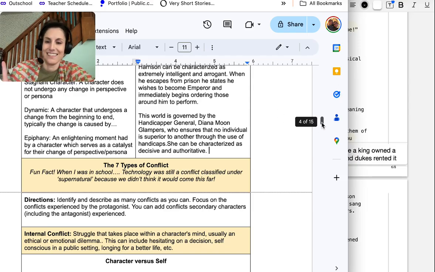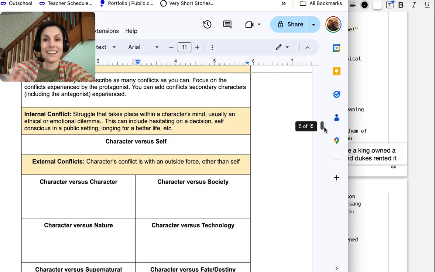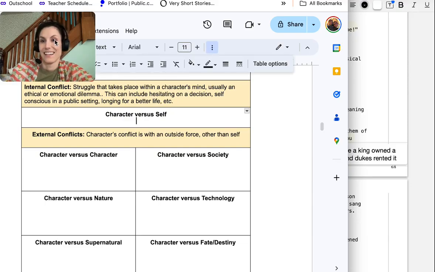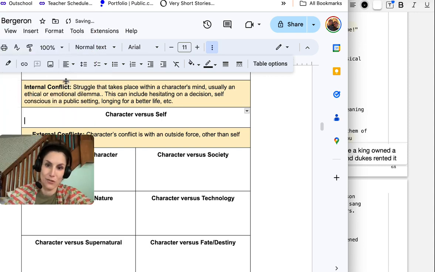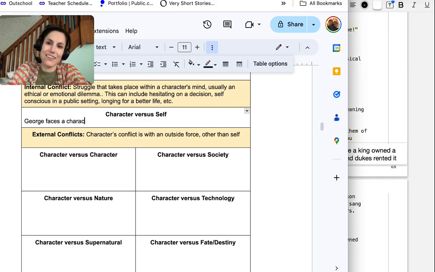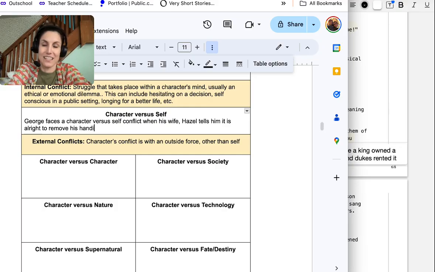But all right, so if we go into our characters, we can say character versus self could be both George and Hazel. They are hampered by their handicaps. Actually, we could specifically say George. So at the start of the story, George faces a character versus self conflict when his wife, Hazel, tells him it is all right to remove his handicaps.